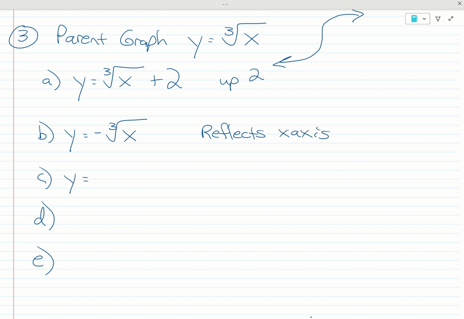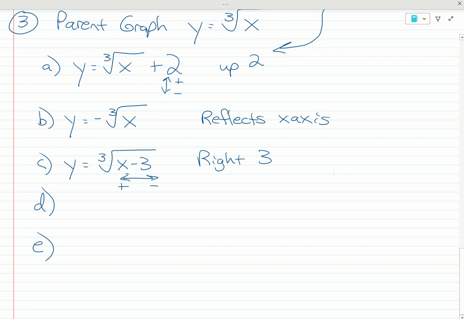If I put a -3 on the inside, you're going to tell me that this goes to the right 3. Remember, inside tells you whether you go left or right, depending on if it's positive or negative. Outside tells you whether it goes up or down, depending on if it's positive or negative.